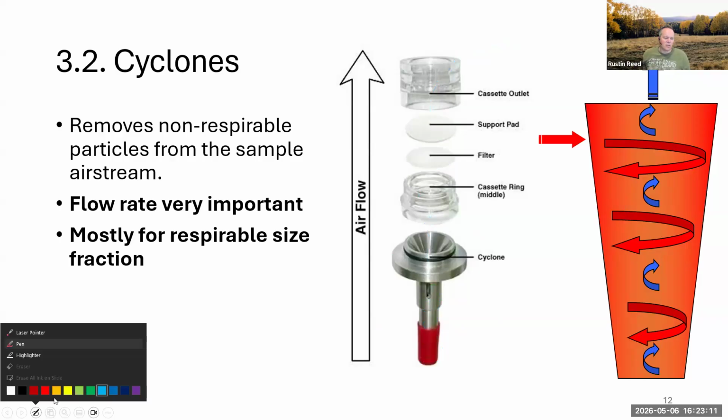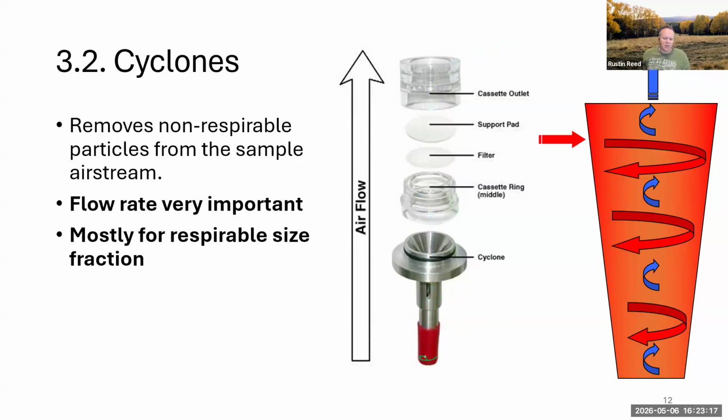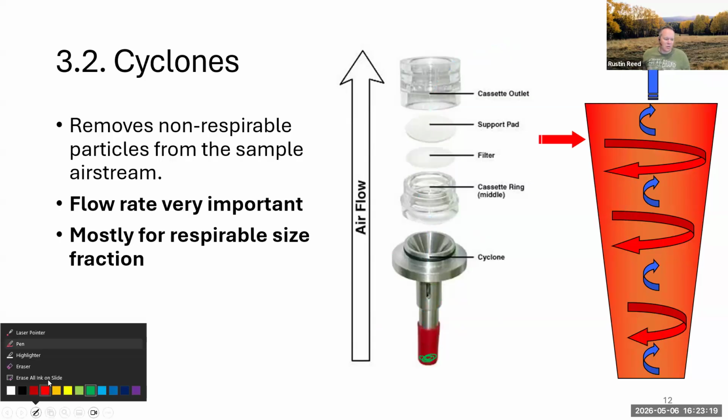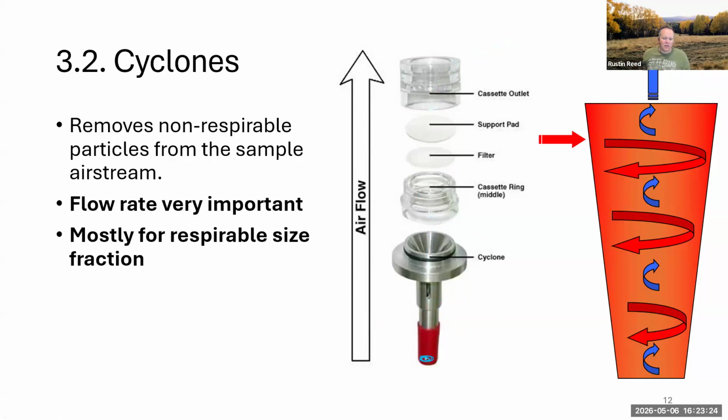And so this is one issue with cyclones. You collect your grit, the large particles, down here, and if the worker or you accidentally invert or turn the cyclone upside down, those particles could fall through that center column and land on your filter.